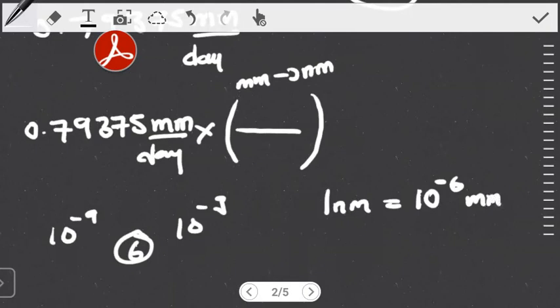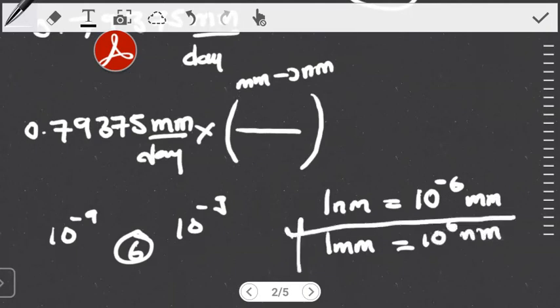But if I want the opposite, I don't like working with the negatives there, so I always prefer the alternative by saying 1 millimeter is actually equivalent to 10 to the power 6 nanometers. So mostly I'm going to use this expression, but even if you use the top part, it's the same thing.